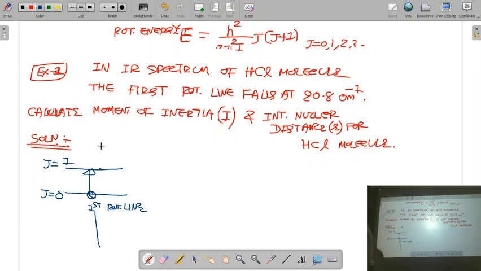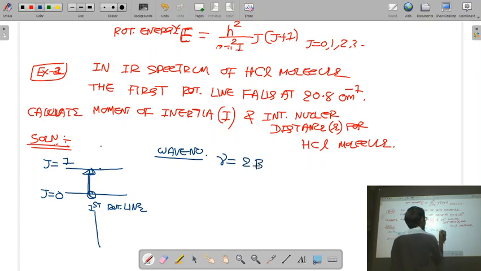Okay, so the first rotational line of HCl molecule is obtained when the HCl molecule makes a transition from the lowest level J equal to 0 to level J equal to 1. You should know the equation of wave number we have already obtained, that is 2B into J plus 1.